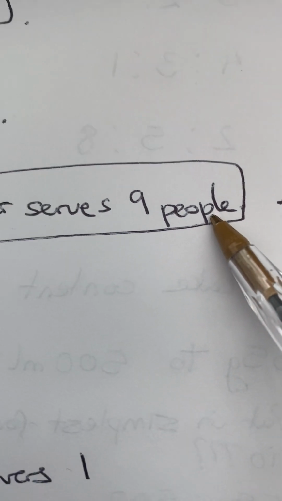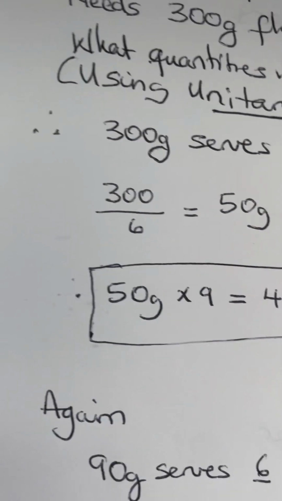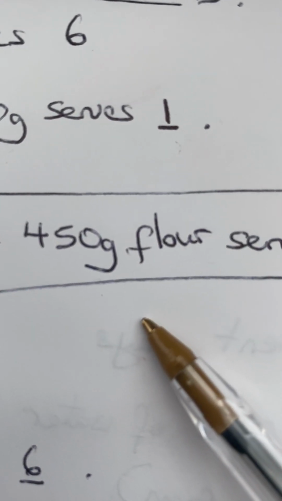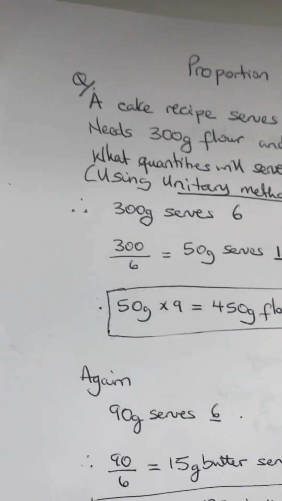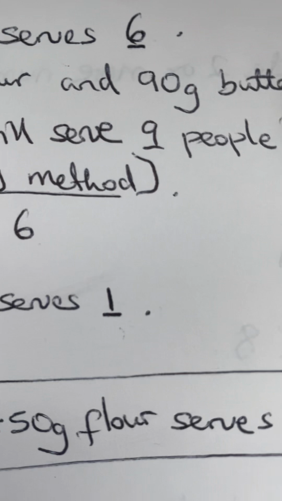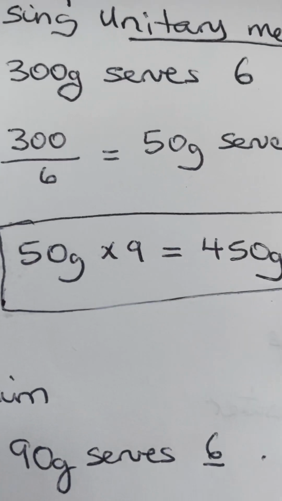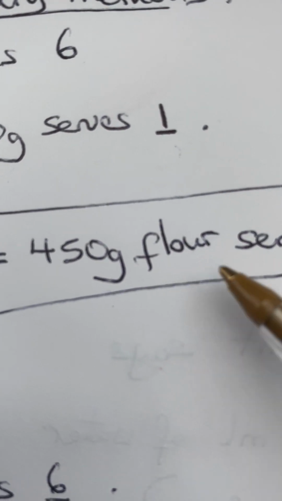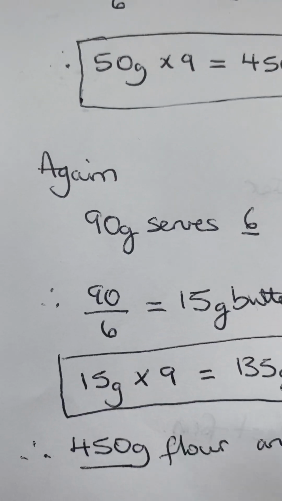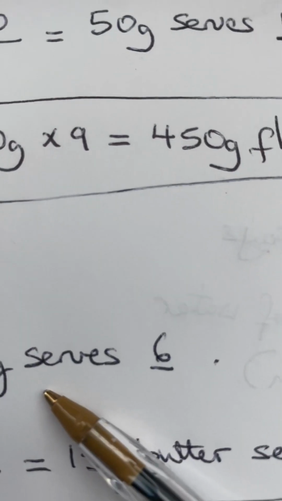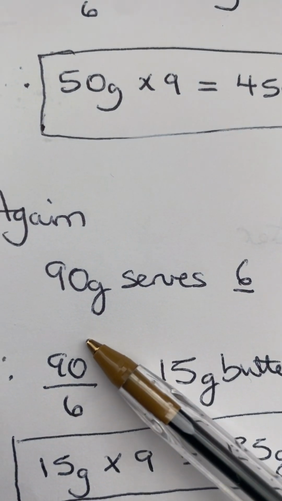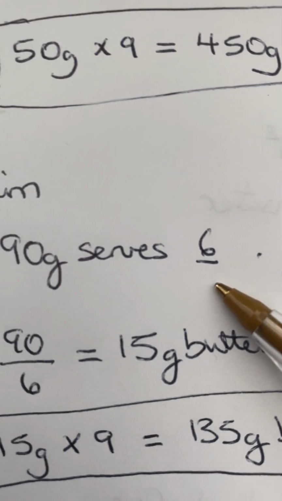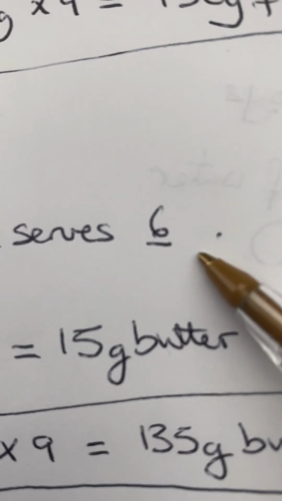Normally what students do, they get the quantity that serves 9 people for flour, and then off they go. They don't look at the second part. But they've given you flour and butter. So you've done the flour part, which is half of the marks. Now you are going to look at the butter part. 90 grams of butter serves 6.